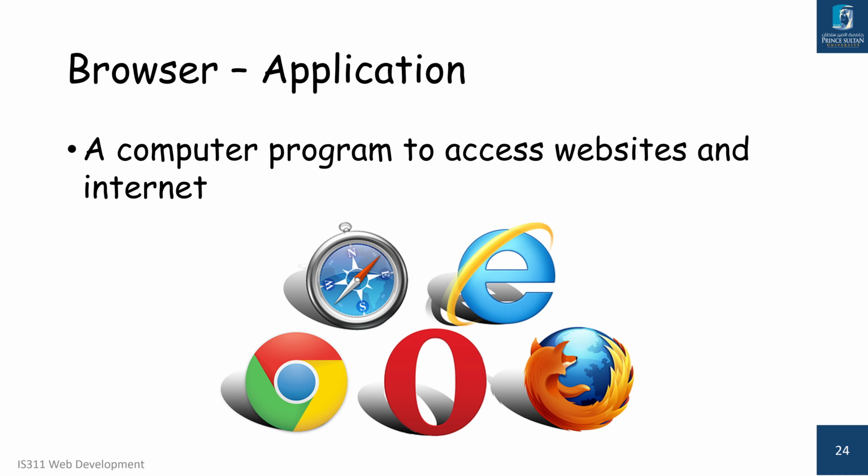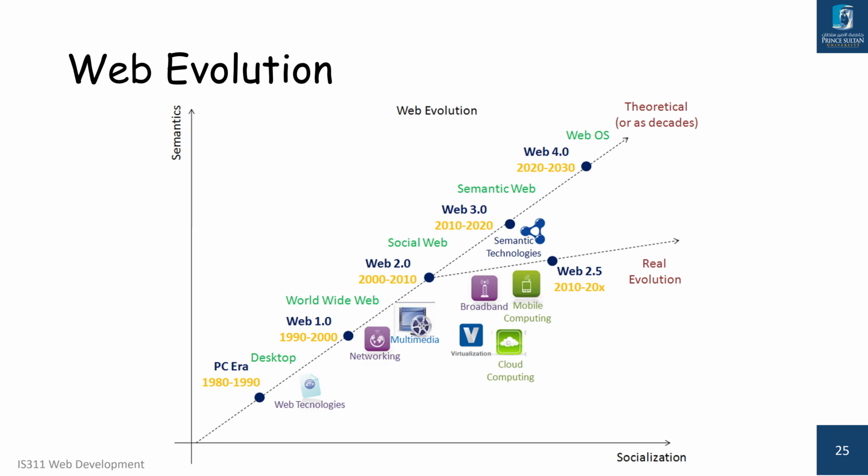And then the evolution: someone asked me what is Web 5 and Web 4. Actually Web 4 and Web 5 are the same kind of technologies based on the web, and you can always map HTML1, HTML2, HTML3 to these web technologies.